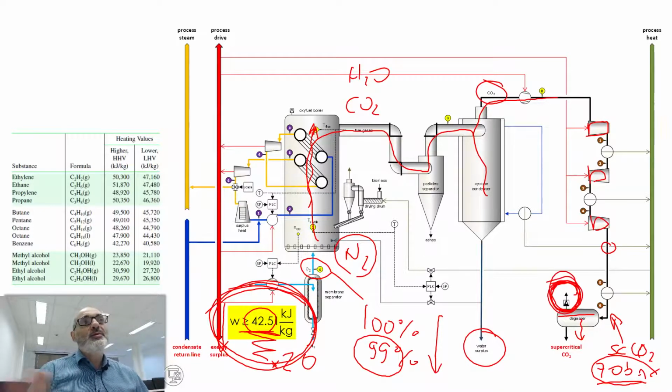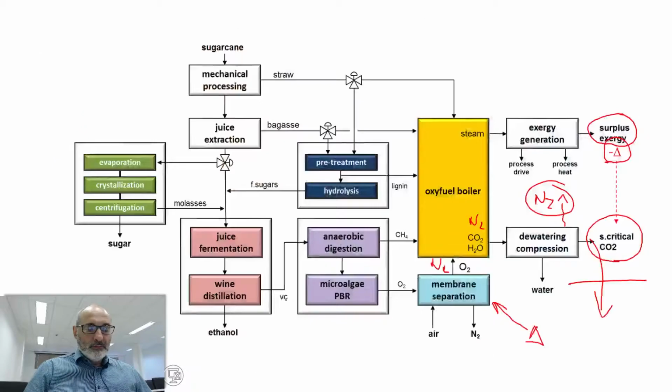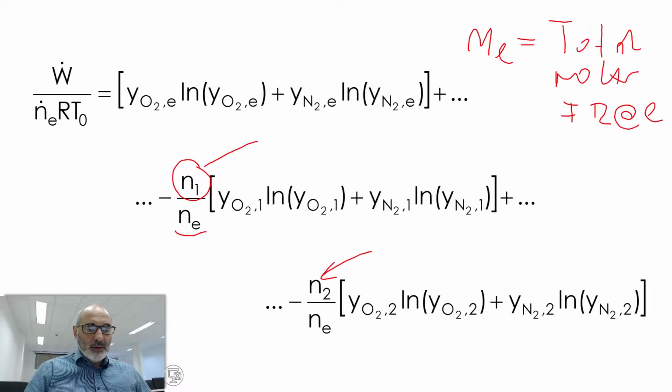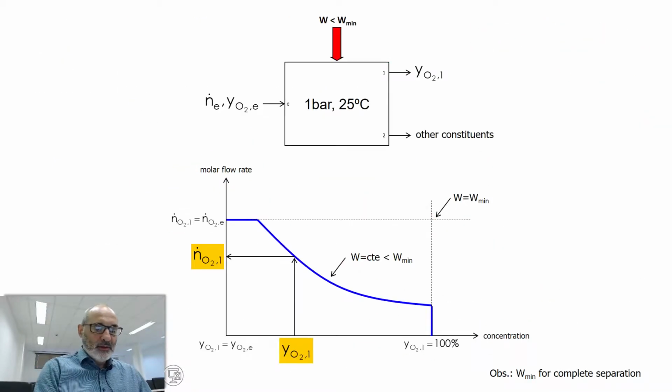This separation process works well until 1% of nitrogen, okay? So I'm going to impose the oxygen concentration. I'm going to impose a certain amount of injected work smaller than the minimum for complete separation, okay?